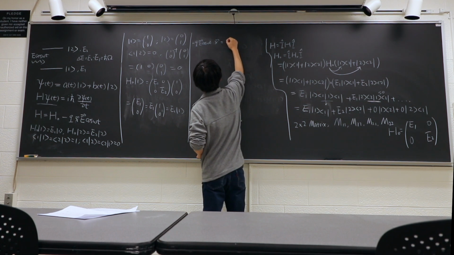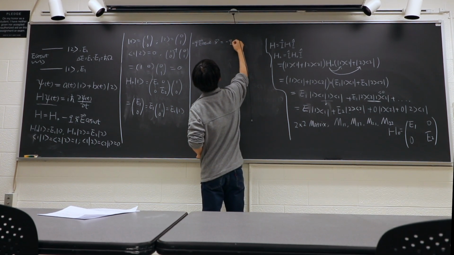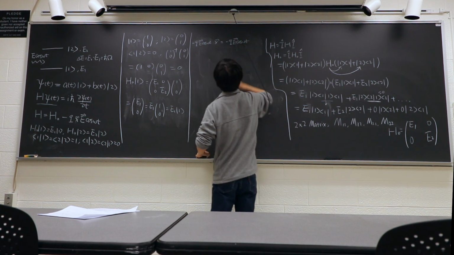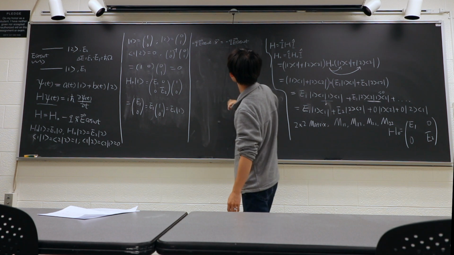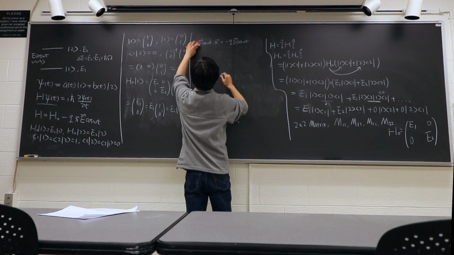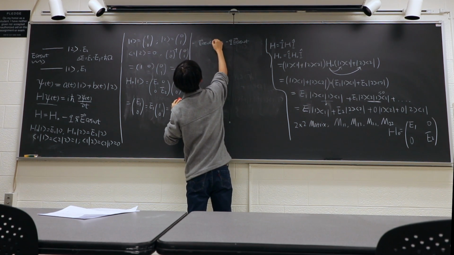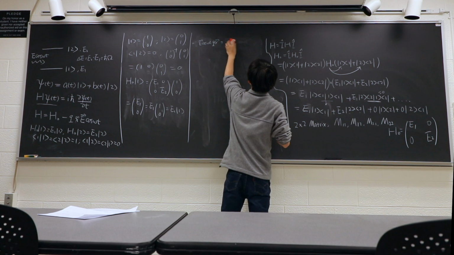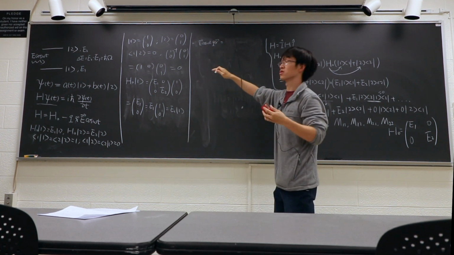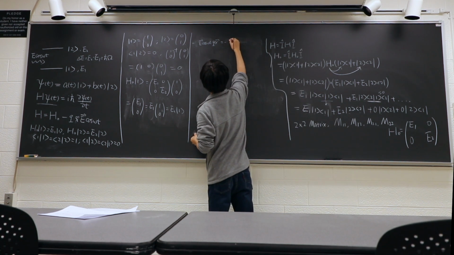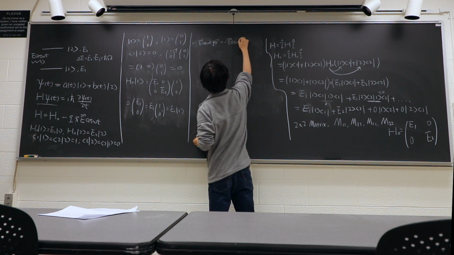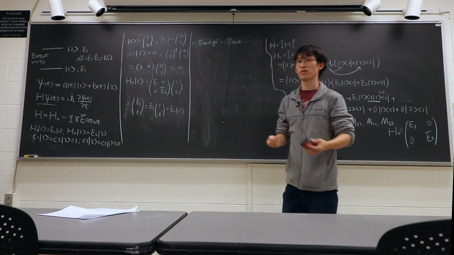And this one equals, because this Q is a number, you can just move it around. And E is an external field, it's just a vector.